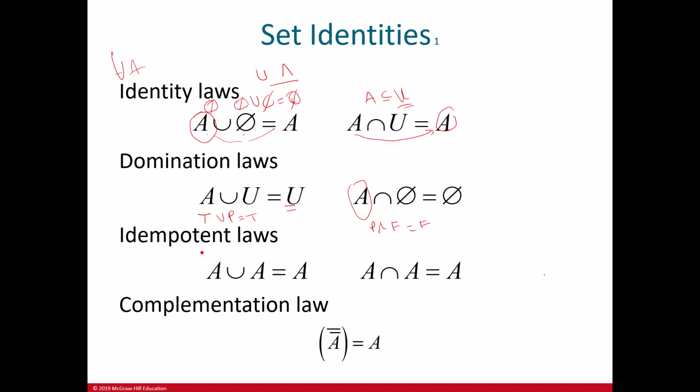Okay, and the idempotent law says the union of a set with itself, what are you going to get back? The set itself, because we say repetition doesn't matter. If I have a set A with elements 1 and 2, we said this is the same as saying 1, 1, a million times repeating, comma, 2, 2. It doesn't really matter.